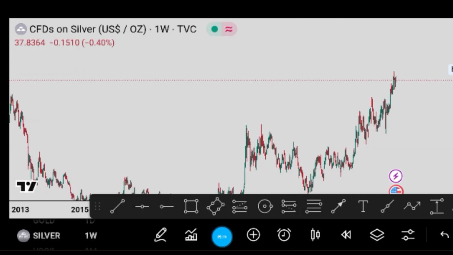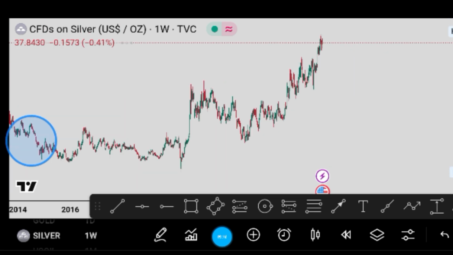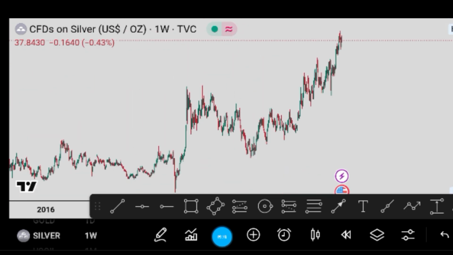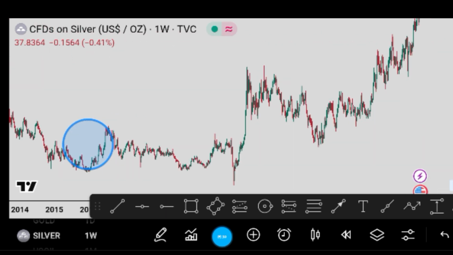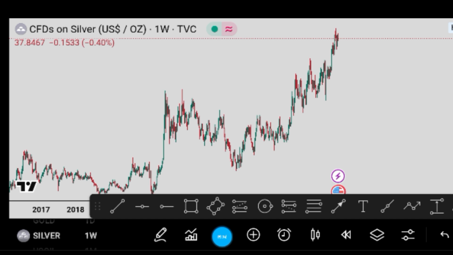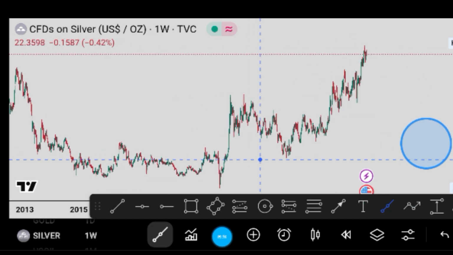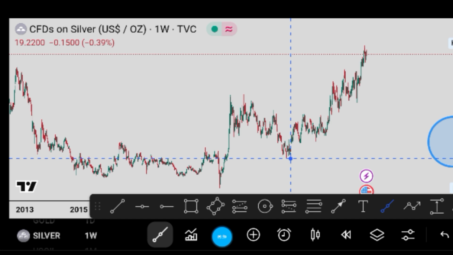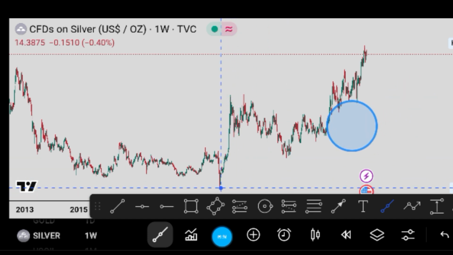Yes. This is good. This is beautiful. Now look at this one. Let's check this. Using the trend ray, we'll pick from this low. Let's pick from the lowest low of it.